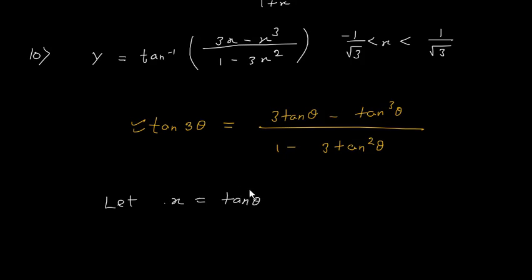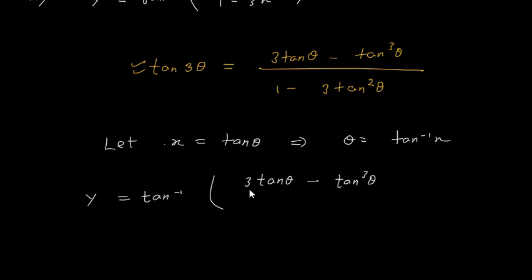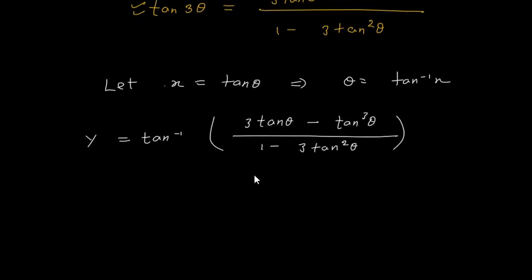So when we take x equal to tan theta, first we say that theta will become tan inverse x, and now I will say that y equal to tan inverse 3 tan theta minus tan cube theta whole divided by 1 minus 3 tan square theta. So y is tan inverse 3 tan theta minus tan cube theta upon 1 minus 3 tan square theta.